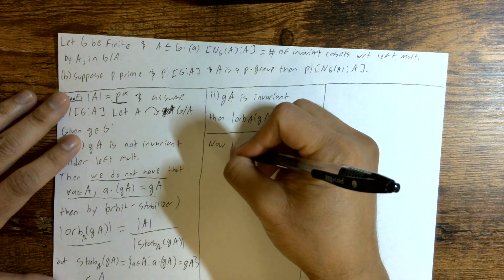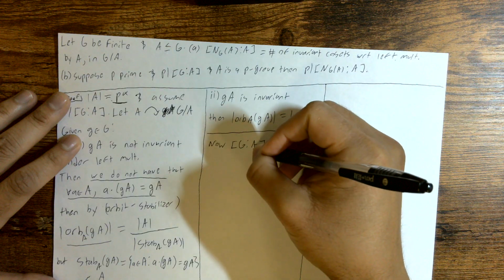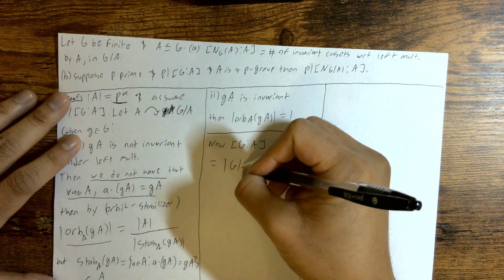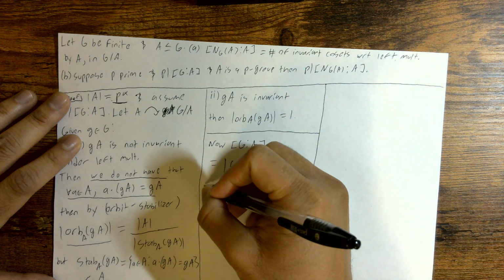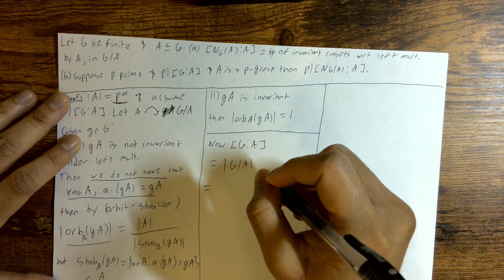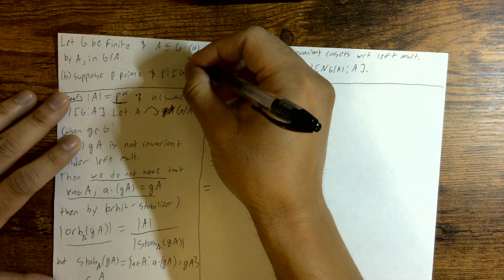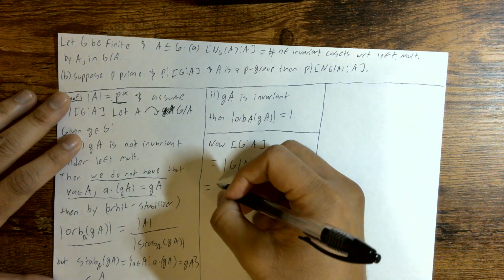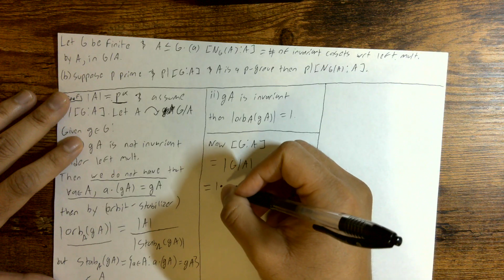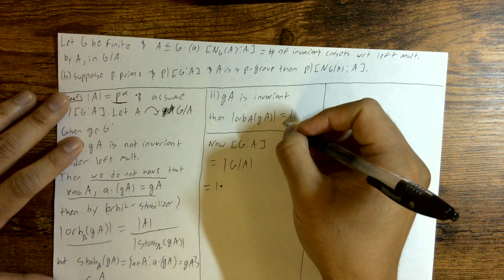Now, the index of A in G is the size of G mod A. Which is equal to, by part A, one times the number of invariant cosets, because each of those invariant cosets have size 1.